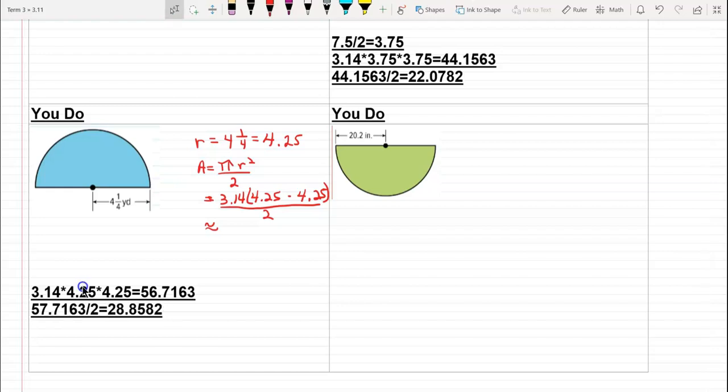And then we'll round our answer off to the hundredths place, so that'll give us 28.86 square yards.